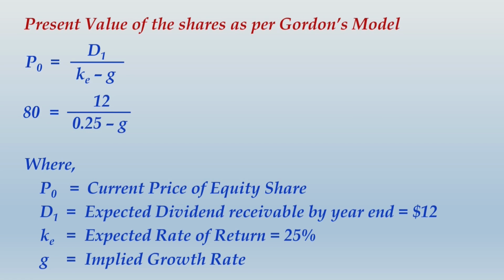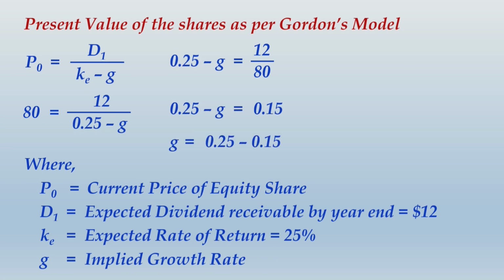Now look at one thing. What is the missing value over here? Growth rate is the only missing value, correct? If growth rate is missing, you can determine the growth rate through this equation. Now how will you solve this? Simply cross multiply, and what you get is 0.25 minus G equals 12 by 80, and 0.25 minus G will give you 0.15.